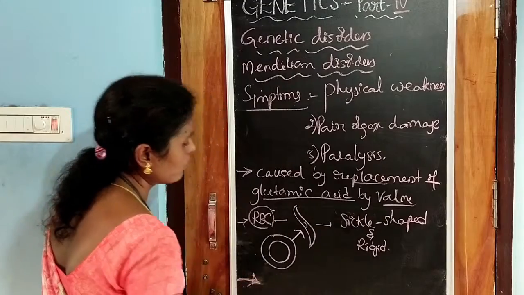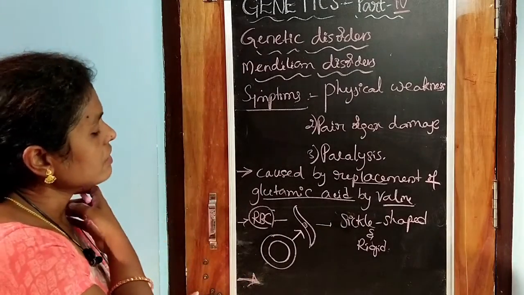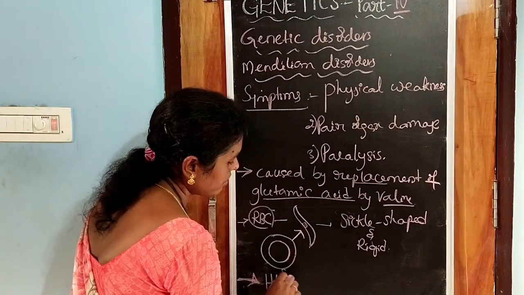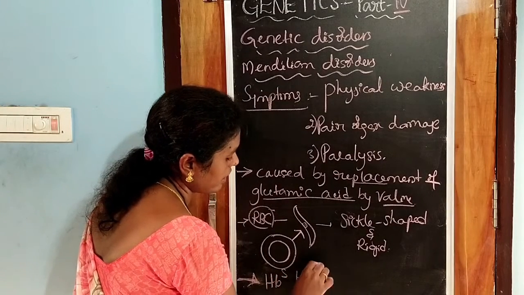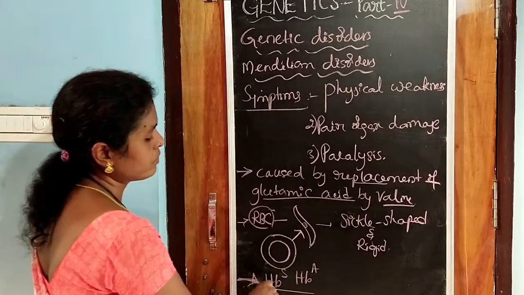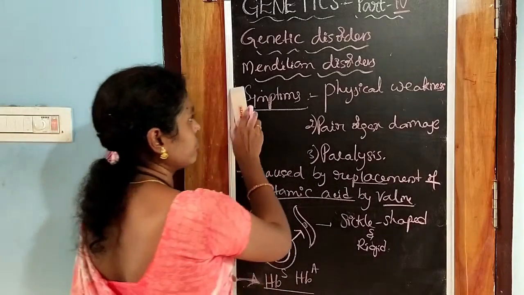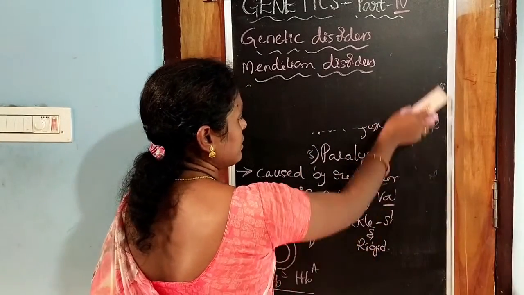The phenotypes for sickle cell anemia are controlled by a single gene with alleles HBS and HBA.